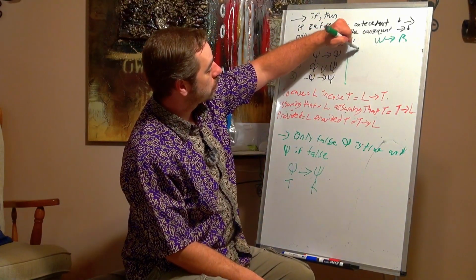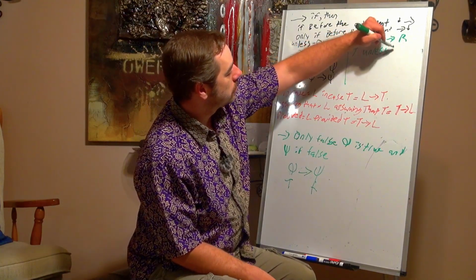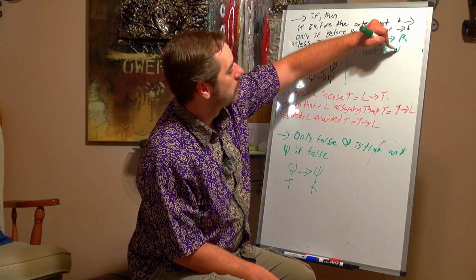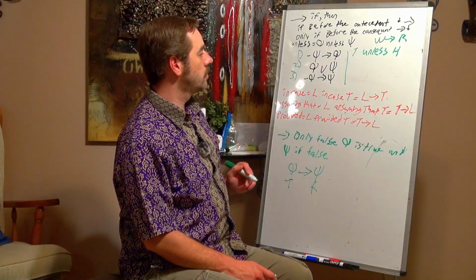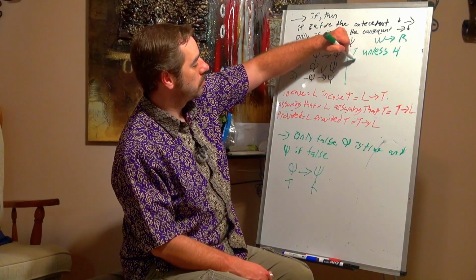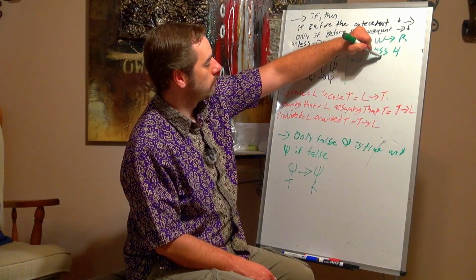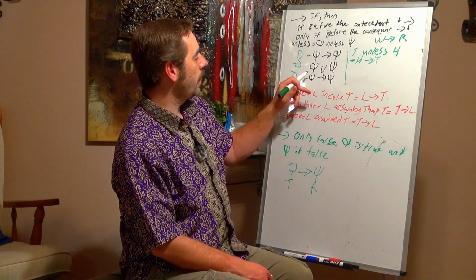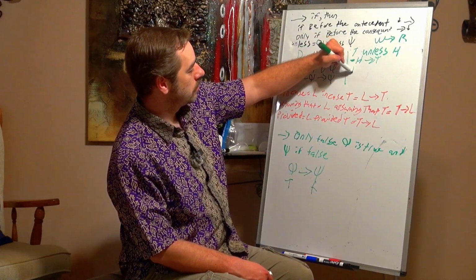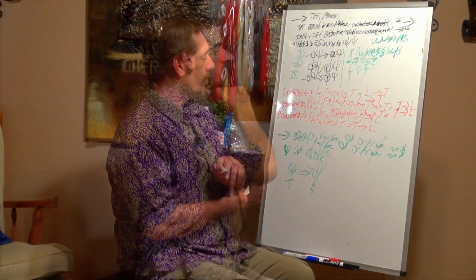Let's say you'll get in trouble unless you do your homework. So that could translate to if you don't do your homework, you'll get in trouble. You can do your homework, or you can get in trouble.